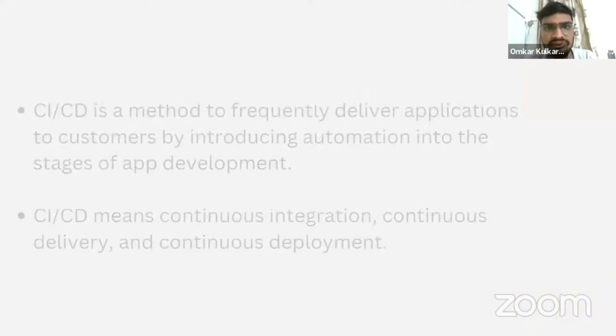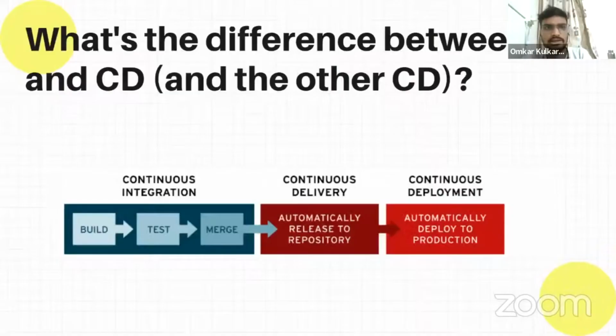What's the difference between CI and CD? CI/CD has different meanings. Here you can see continuous integration, continuous delivery, and continuous deployment. In continuous integration, we have all the development methods: building, testing, and merging our code.